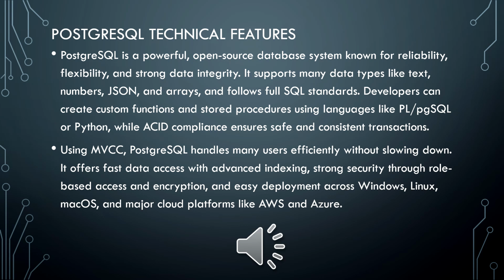It is also ACID compliant, ensuring data stays safe and consistent even if something goes wrong. It also uses MVCC, which stands for multi-version concurrency control. It lets many users work at the same time without slowing down the system.